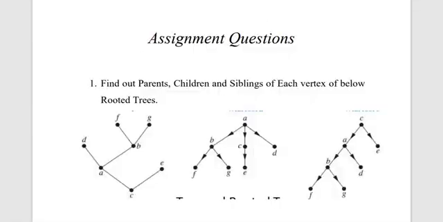Now this is your assignment question. I have already given the direction of the arrows for these graphs. These are rooted trees. In each graph a vertex is marked as the root vertex. For all three graphs you have to find out the parents, children and siblings of each vertex.